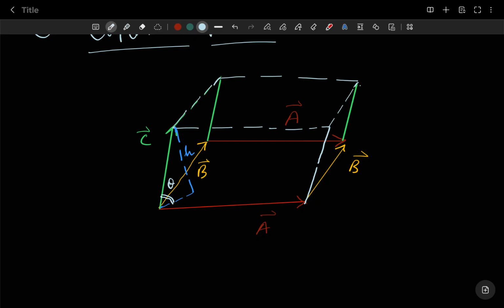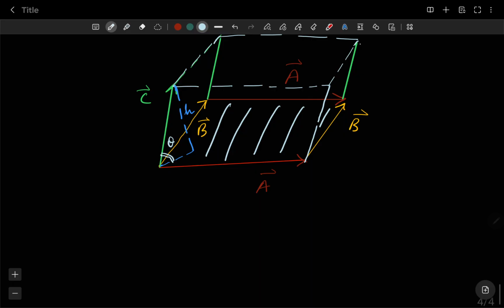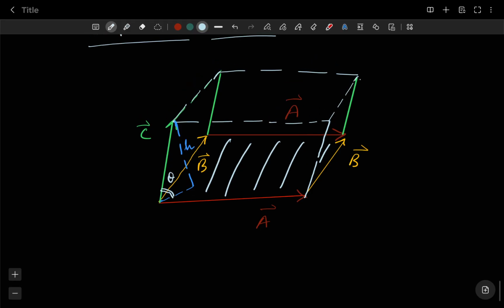So what is the volume of this parallelepiped? The area times the perpendicular height is the volume.